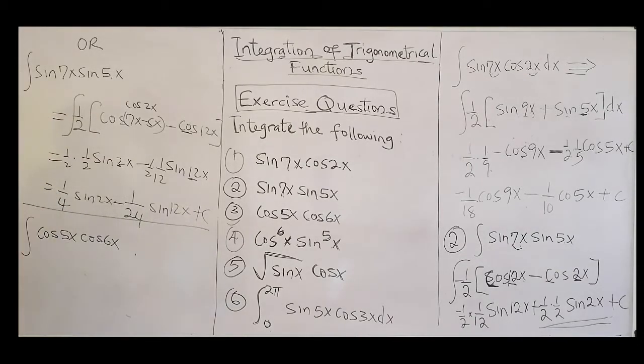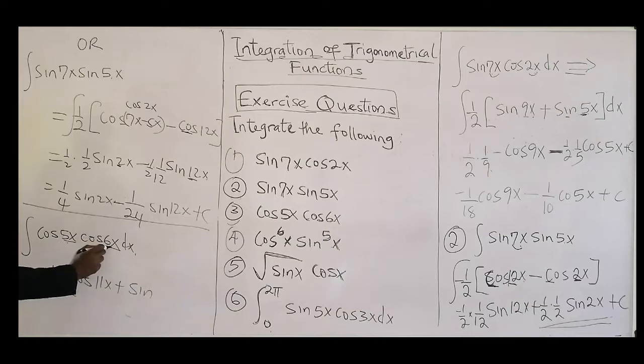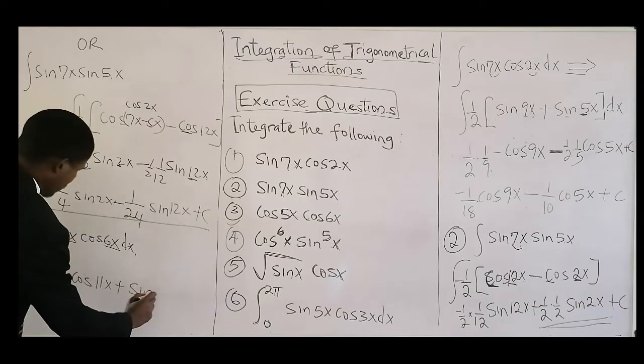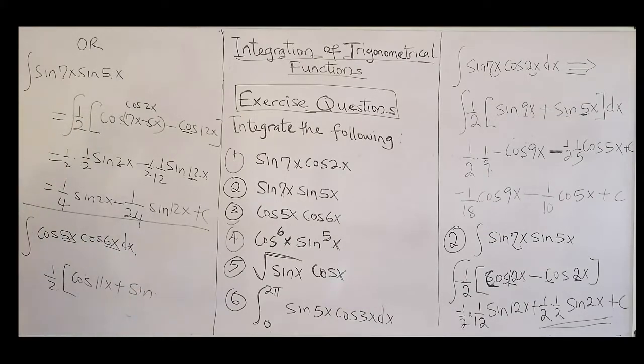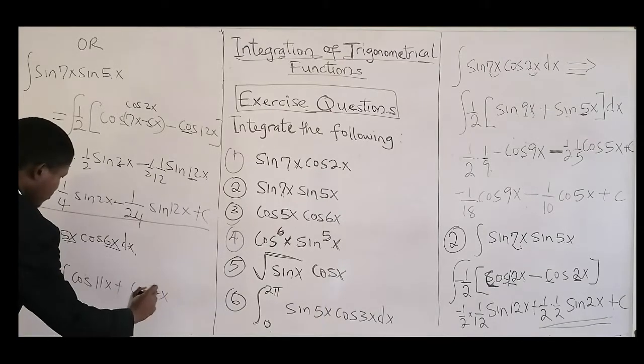This will give you half into brackets cos of 5x plus 6x, 11x, then plus cos of 5x minus 6x, that's cos of minus x.